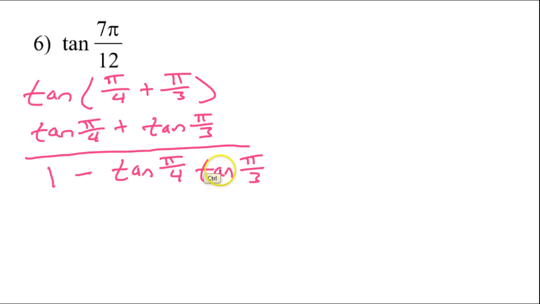I know the values of each of these, so I'm just going to substitute. The tangent of pi over 4 is 1. The tangent of pi over 3 is radical 3.